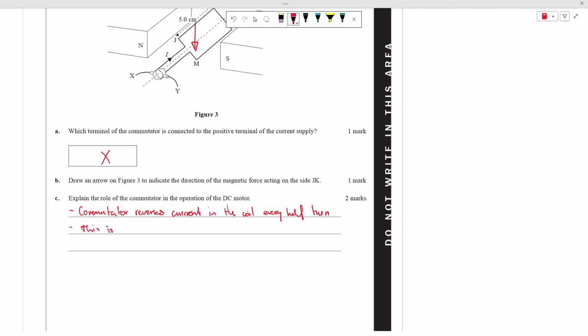This is to change the direction of force on the sides of the coil to ensure it continues rotating. I think that's all they're really looking for there.